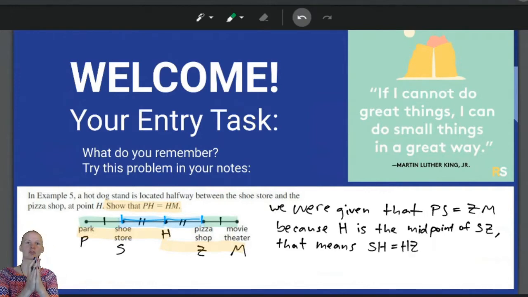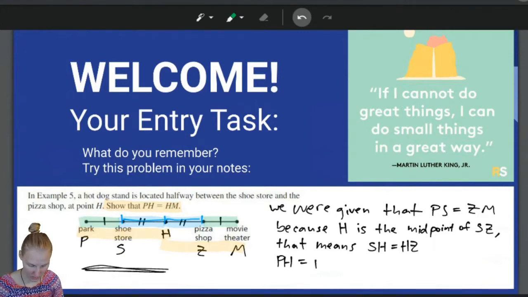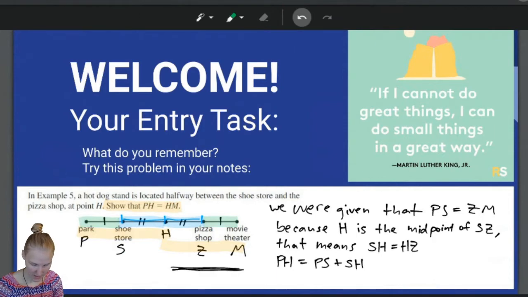So because H is the midpoint, the blue piece is the same as the blue piece. Okay. And now, PH, this whole segment here, is equal to PS plus SH. And HM over here is equal to HZ plus ZM.